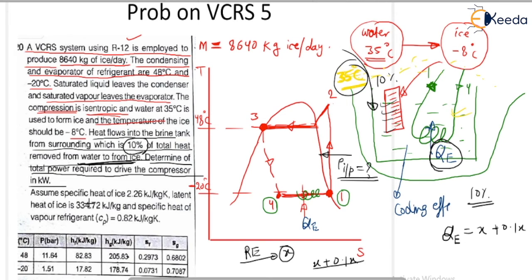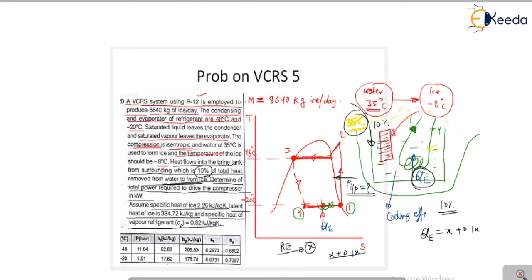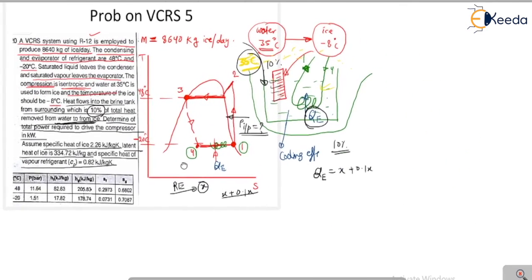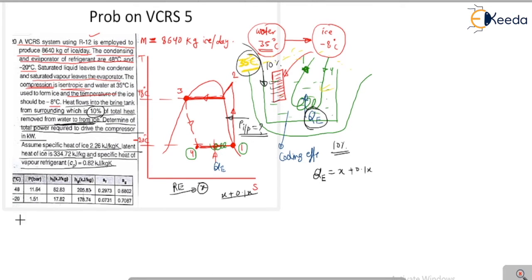Here the given data is the specific heat of ice, the latent heat of ice, and the specific heat of vapor refrigerant. That means three more data are given in this question. Cp of ice is 2.26 kilojoule per kg Kelvin.